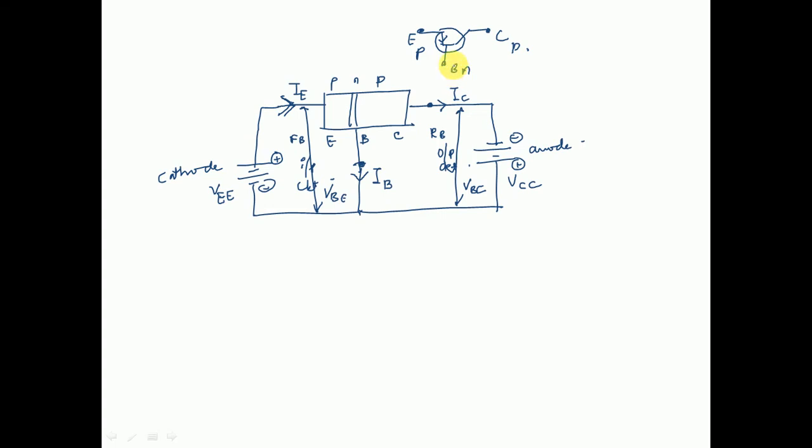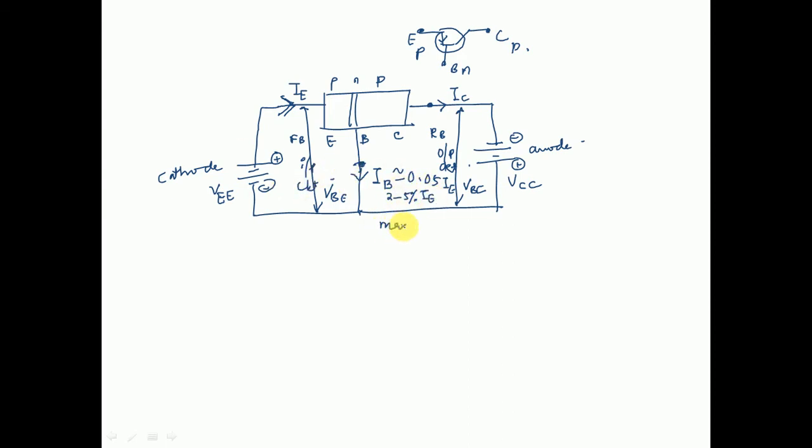Okay. Now, you might be wondering, what is the function of this base out here? Because the output current is basically your IC. Okay, the magnitude of IB is actually 0.05 times of IE, which is basically 2 to 5% of your IE.